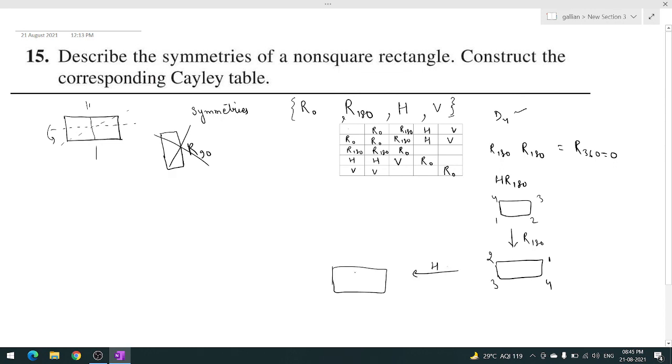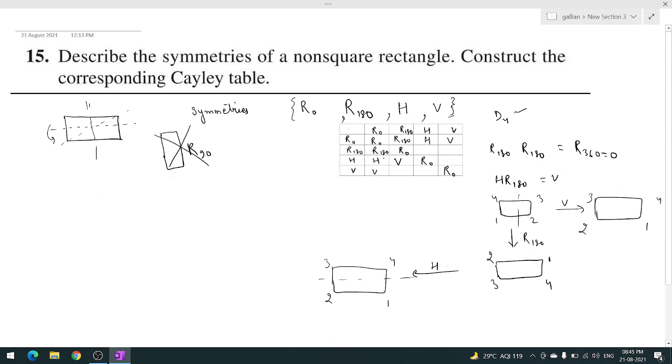Horizontal flipping we have to do. It will give 1, 2, 3 and 4. Now you can see that compared to the original rectangle, it's actually V. So if you do V here, meaning vertical flipping, you get 1, 4, 3 and 2. So this combination is basically V.